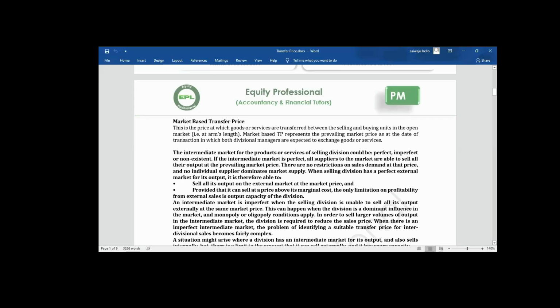These external markets could be perfect external markets, imperfect external markets, or non-existent external markets. We have to explain these three because these concepts have an impact on calculation.